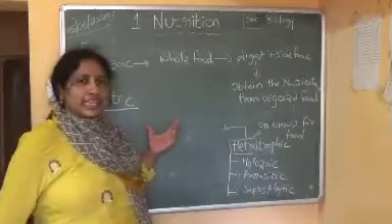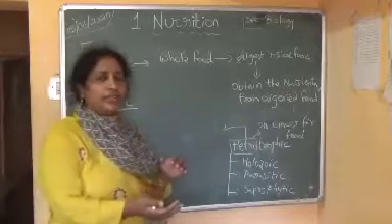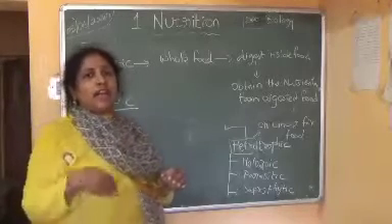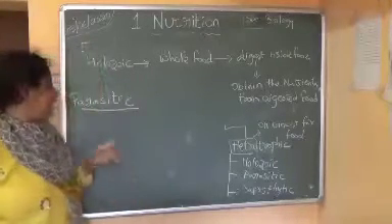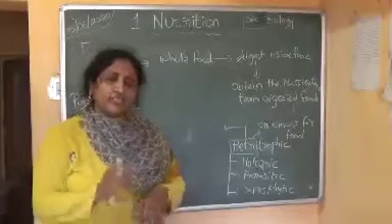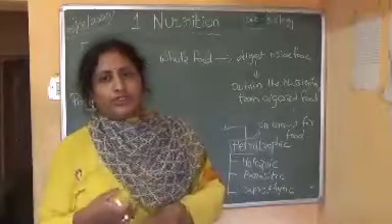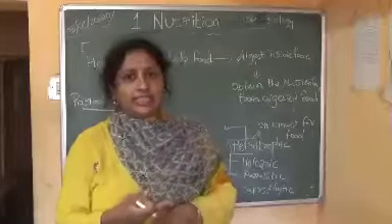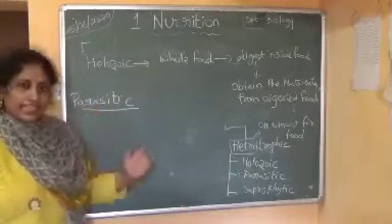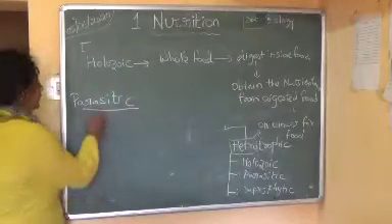In this mode of nutrition, parasites take the nutrients from the other organism without destroying or killing it. For example, let us simplify it. If you take a mosquito, it will suck the blood as its food from us, but it is not killing us. That type of nutrition is called parasitic. The parasite takes the nutrients from the other organism without destroying it.